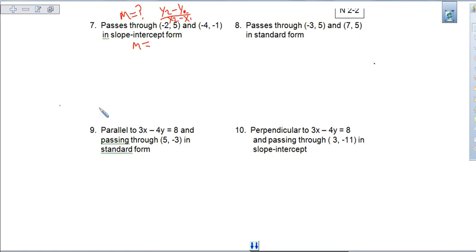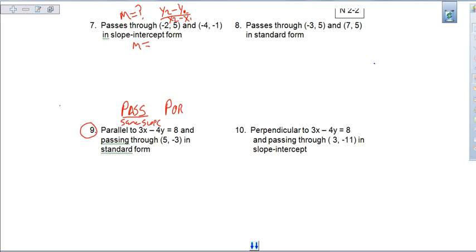Alright, let's take a look at number 9. And remember from class we talked about that little mnemonic device, PASSPORT, where we said that PASS stands for parallel lines have the same slope.